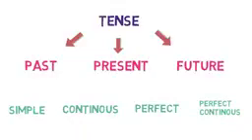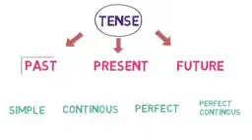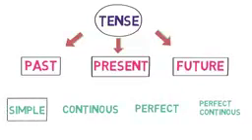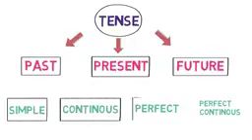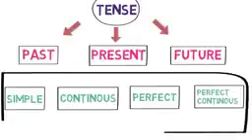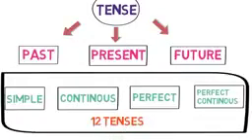You can consider it as a family tree where grandfather tense has three children: past, present, and future. And each parent has four sons with the same names: simple, continuous, perfect, and perfect continuous. Combining them all becomes 12 siblings. So we are going to learn each of them one at a time.